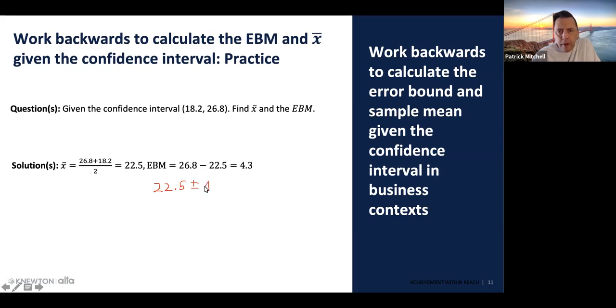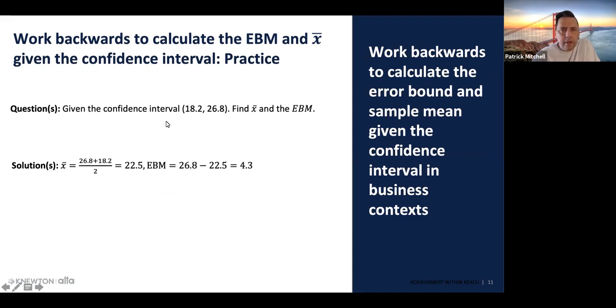In this case, we were given the confidence interval, but you can use this to verify that the answer is correct. 22.5 minus 4.3 gives you 18.2. 22.5 plus 4.3 gives you 26.8. So that is correct.